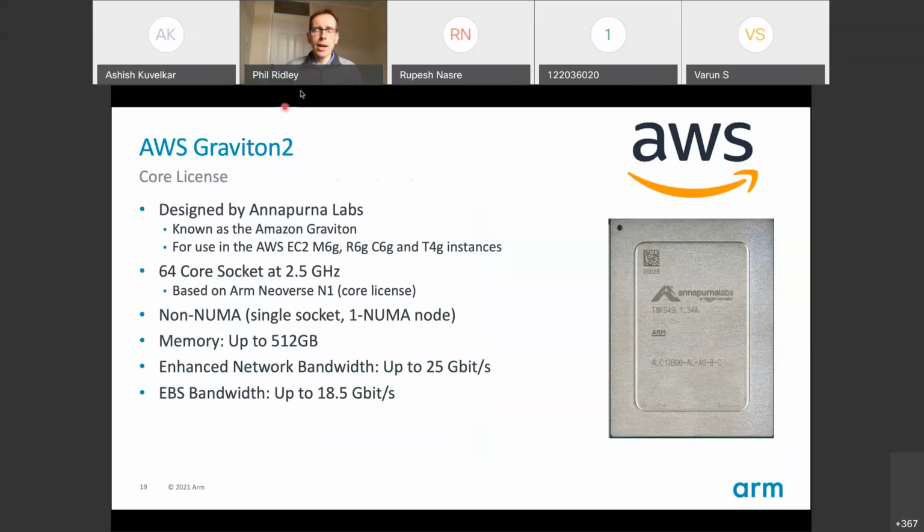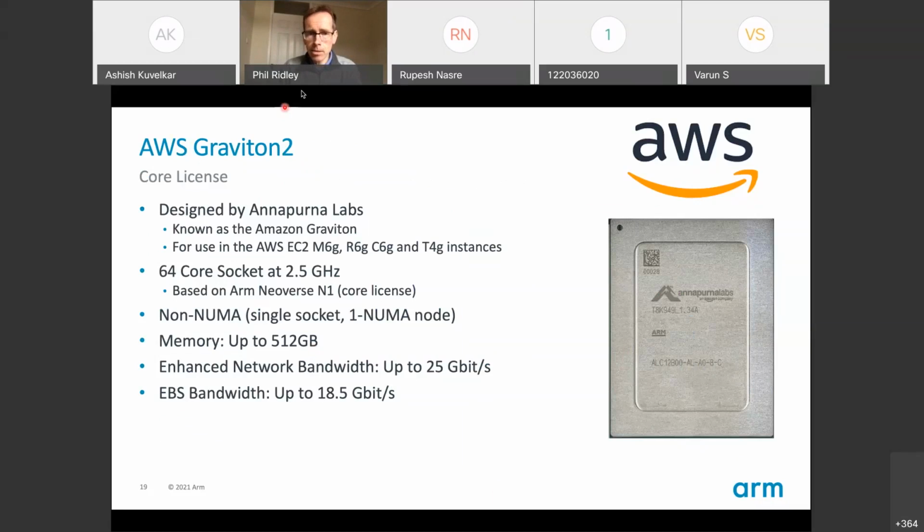So now onto a CPU based on a core license. So the Amazon AWS Graviton 2. Now, I've already said that this is fabricated by Amazon's Annapurna Labs. So it's an Amazon processor based on an ARM Neoverse N1 core license.